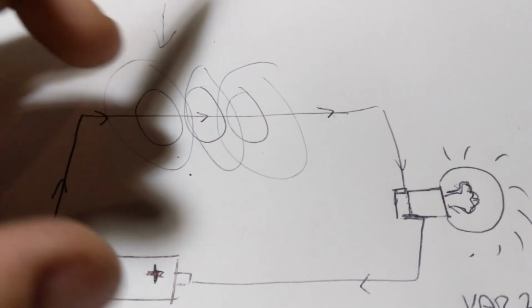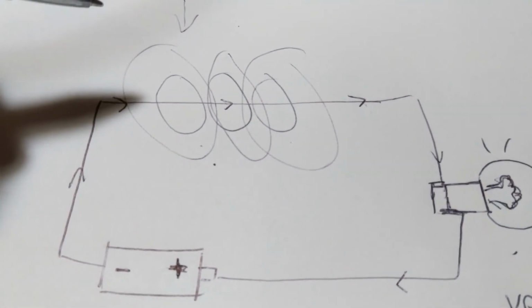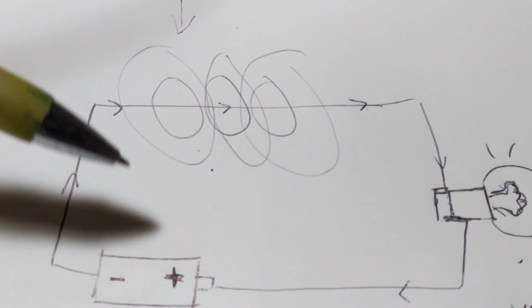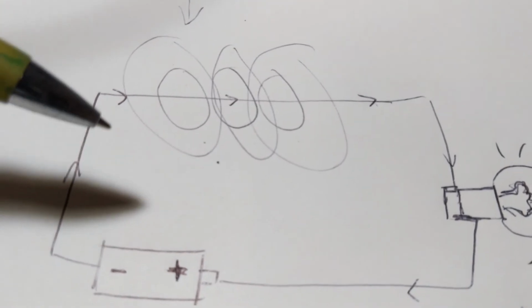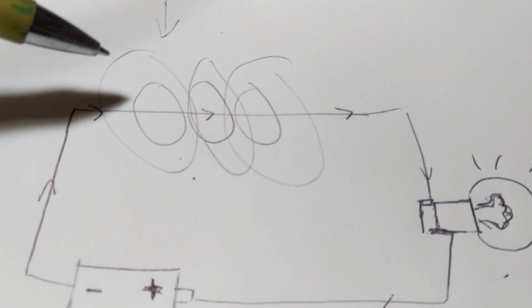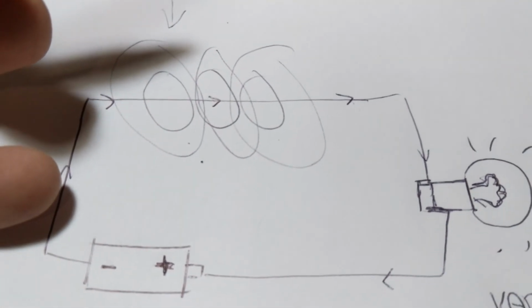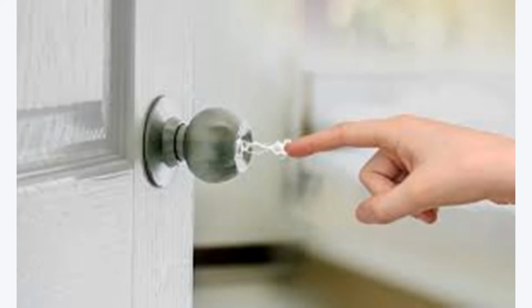However, a constant static field is not as dangerous as an alternating one with high frequency. So when you're next to a DC source, you don't have to be too concerned. It's just like building up a static charge from rubbing your feet on the carpet, and then you touch a door handle, let's say, and you ground yourself and you feel that zap.